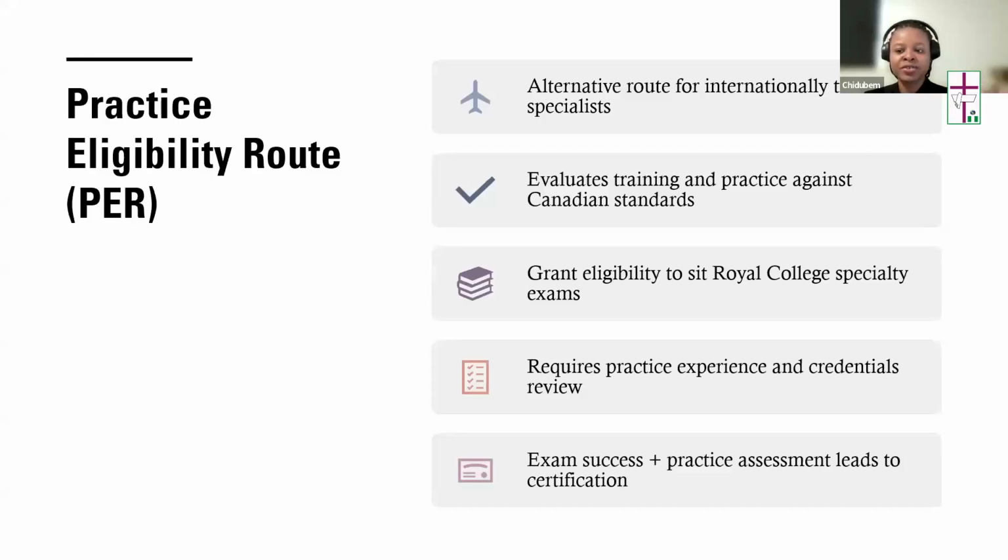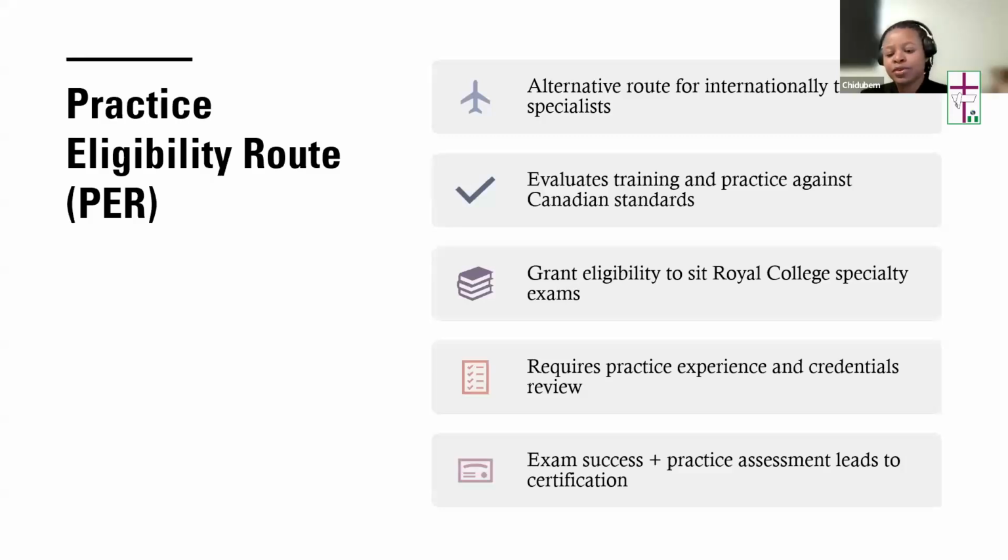They are assessing your training, and if they think it's equivalent to Canadian training, you can write the Royal College exam. If you pass, and you practice 2 years under supervision and pass that, then you can get the Royal College certification.